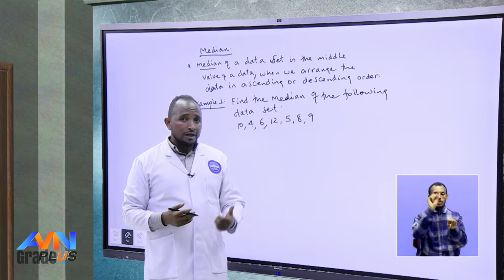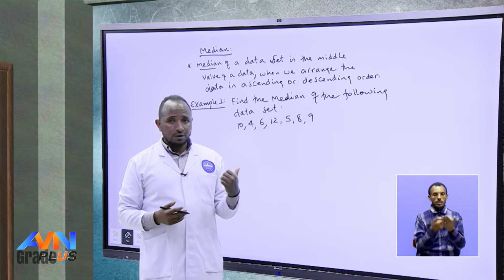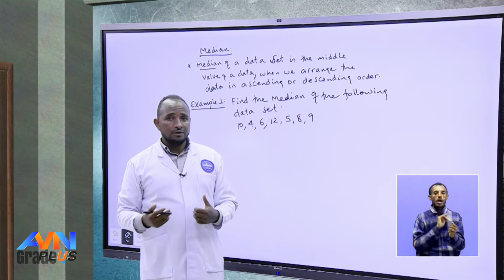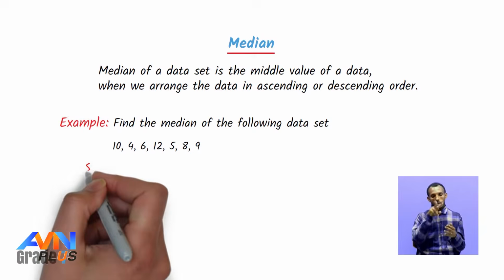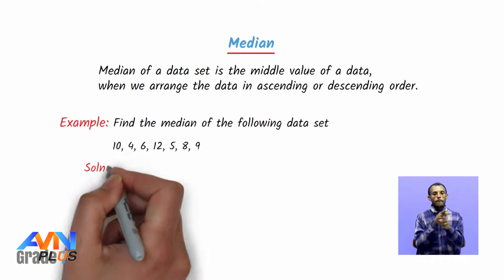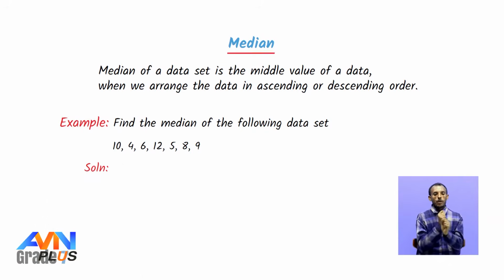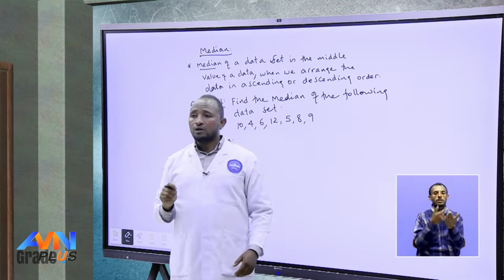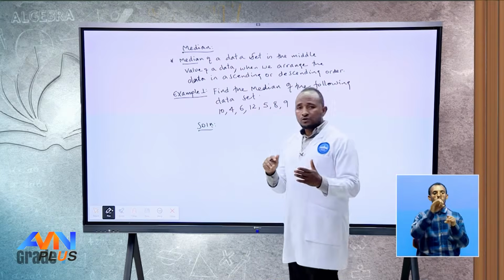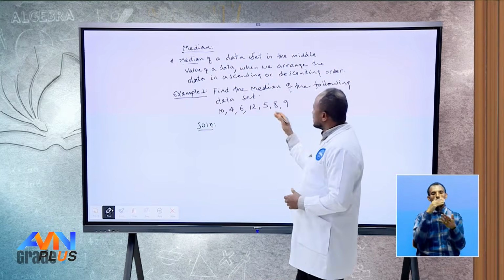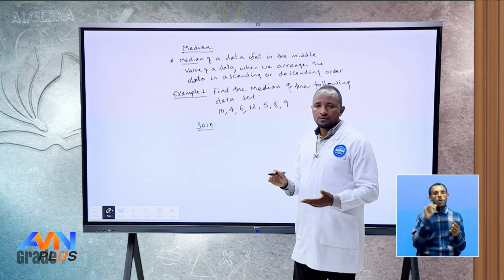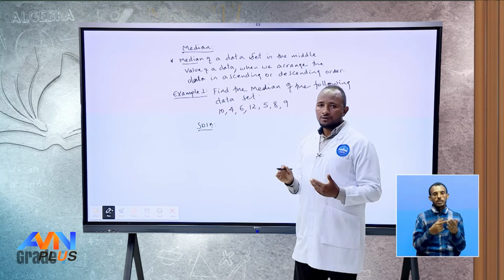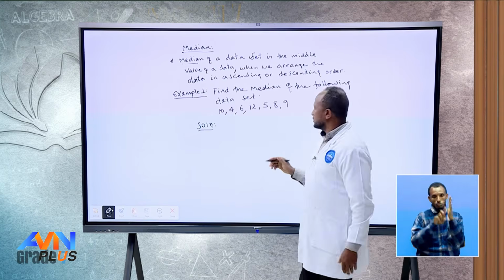So let's see this question together, and I'll give you another one for you. To find the median of this data set, you have to arrange it in ascending or descending order. I'll prefer to arrange it in ascending order, from the smallest to the biggest. Let's arrange it.